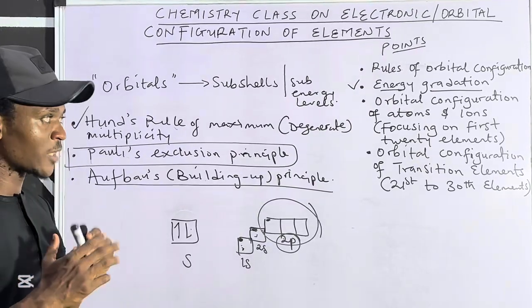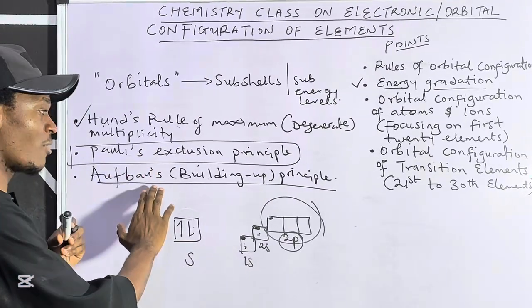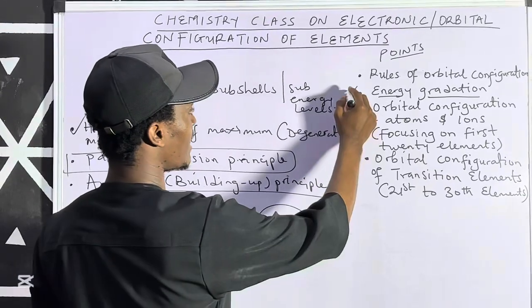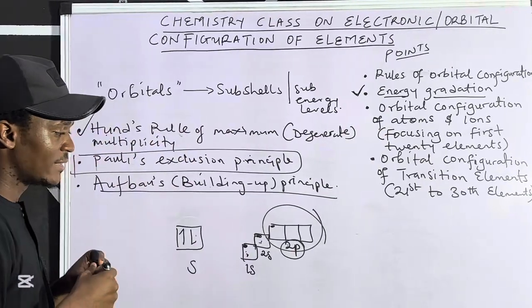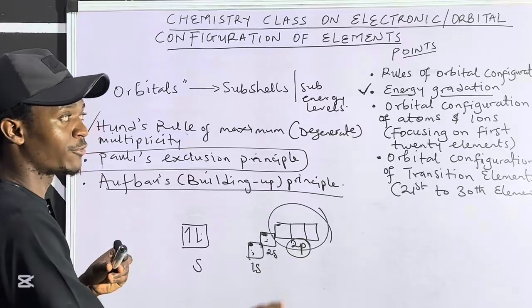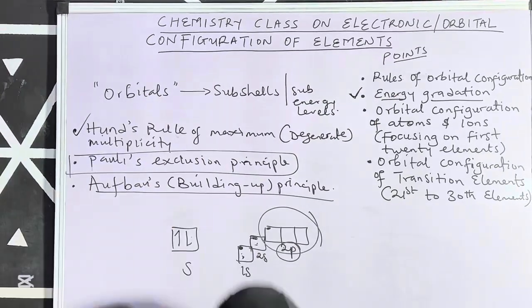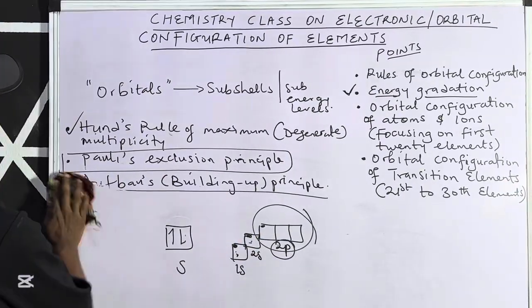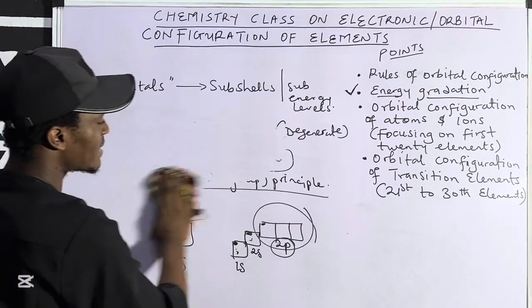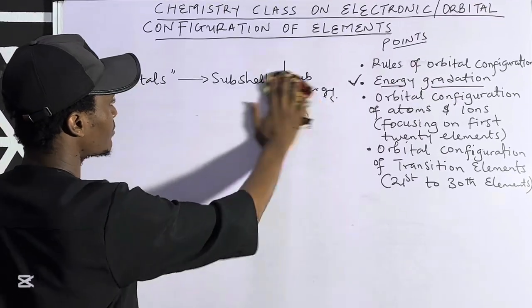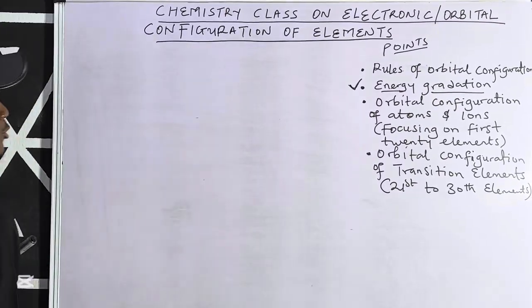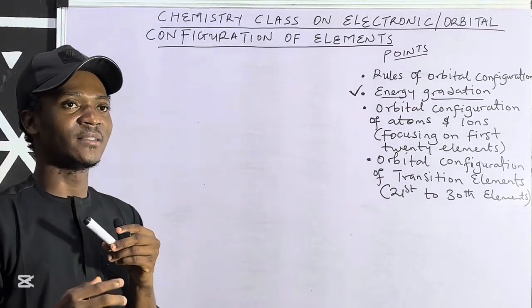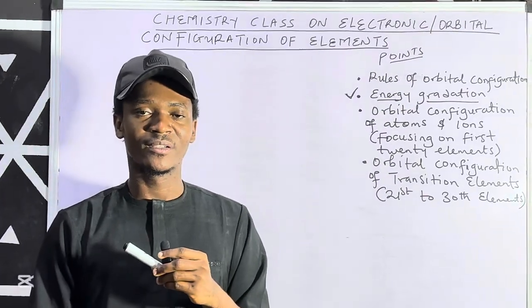All right. Why I said that this Aufbau principle will lead us to energy gradation is that the arrangement I wrote here is coming from the energy gradation. So what is energy gradation all about? It's like a profile that shows us the direction we have to go with. You get the point now?